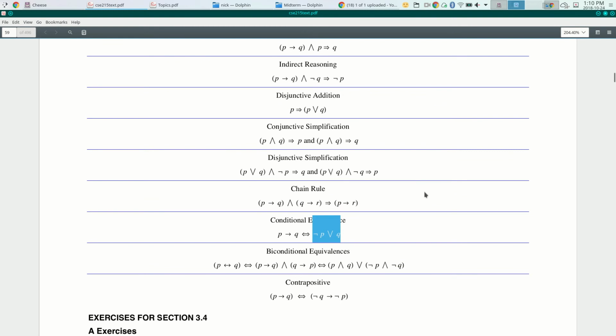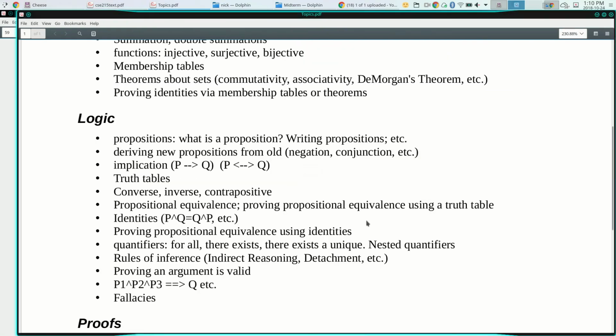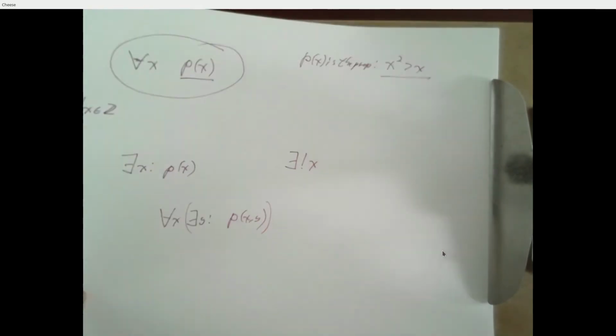Okay, so these are ways that we can do proofs, which is where this is heading. So rules of inference, proving an argument is valid, P1, P2, P3 implies Q, and so on. So this is stuff like the following.